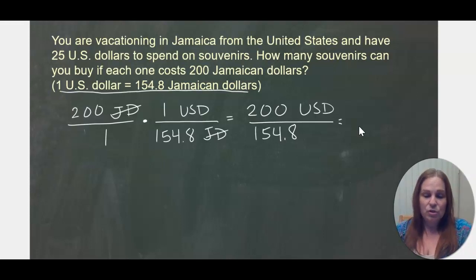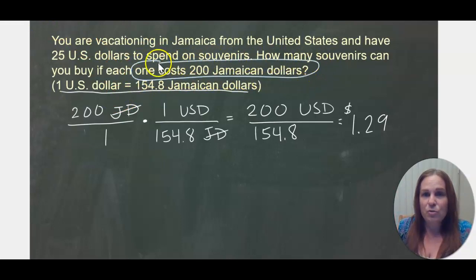So 200 divided by 154.8 is, and I'm going to round to the nearest hundredth because it's money, 1.29. Okay, so each souvenir costs, right? One souvenir costs 200 Jamaican dollars, which we know is just $1.29.